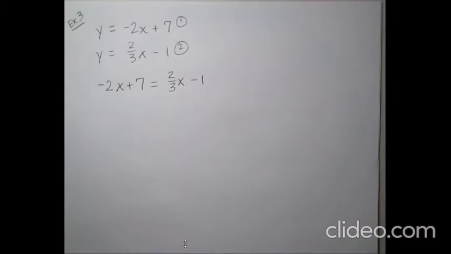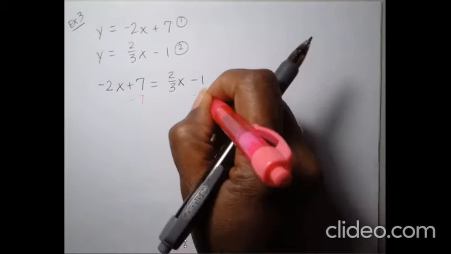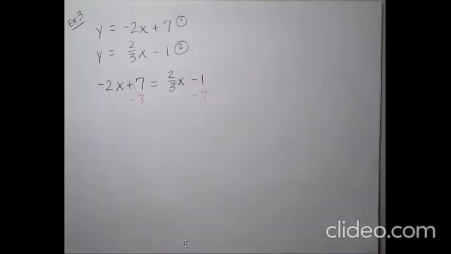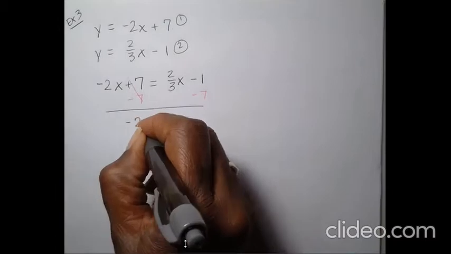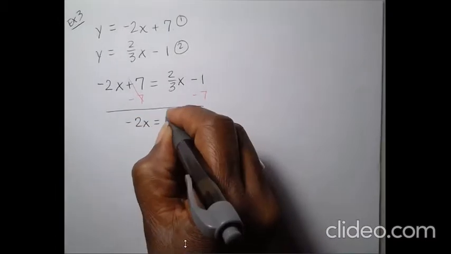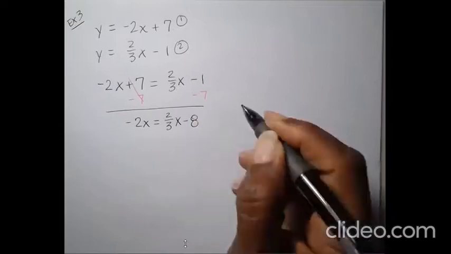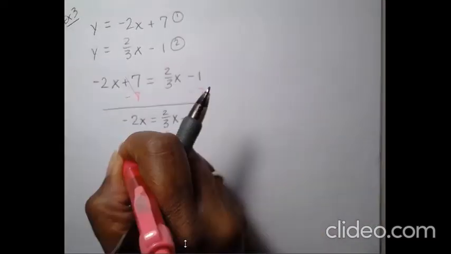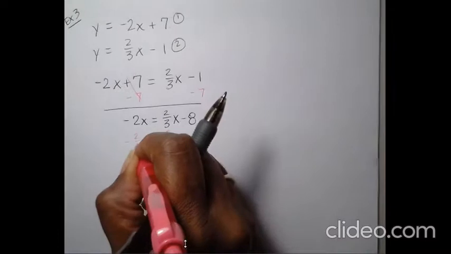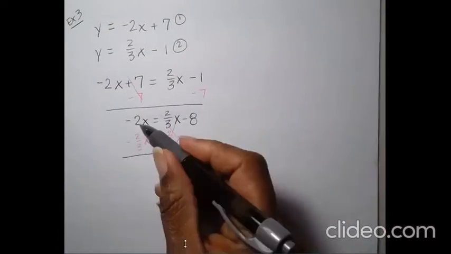Let's solve by simplifying, moving the constants to the right. We have negative 2x equals 2/3 x minus 8. Then we need to subtract 2/3 x from both sides. This reduces, and negative 2x and negative 2/3 x is the same as negative 2 and 2/3 x.